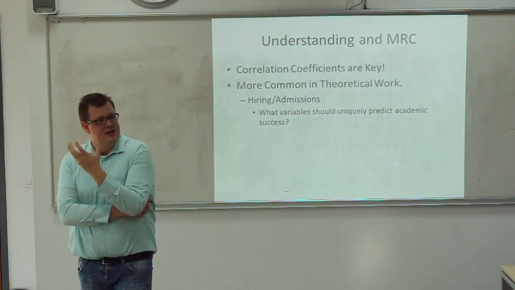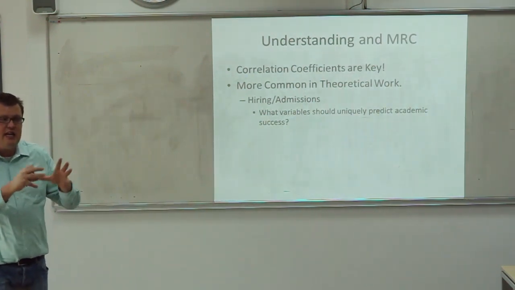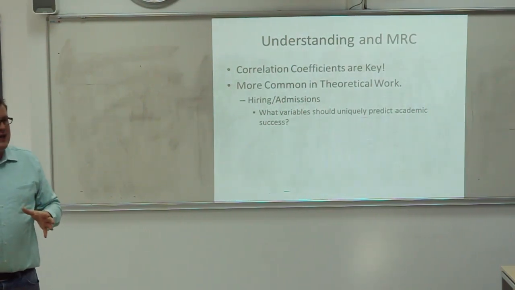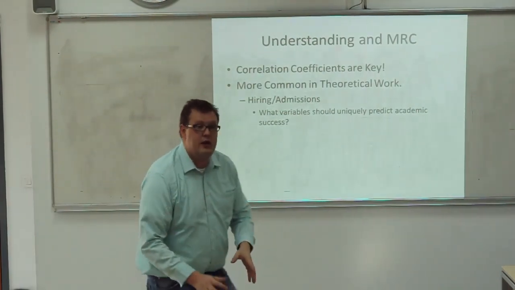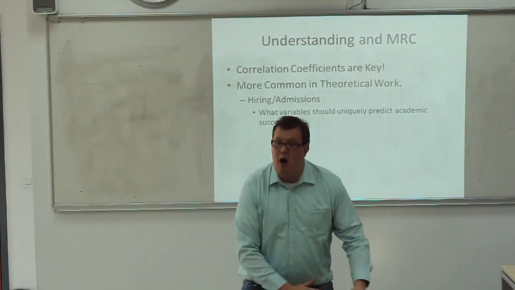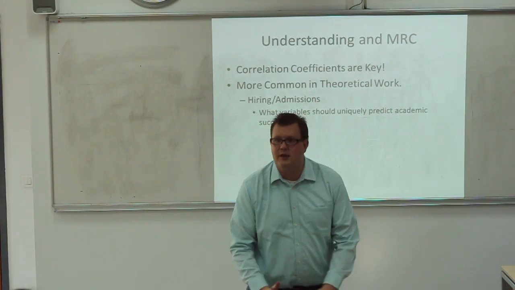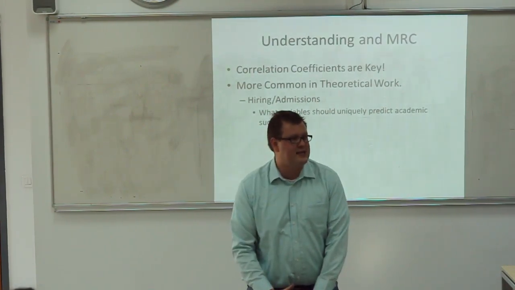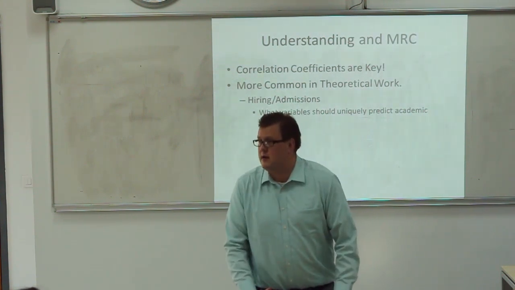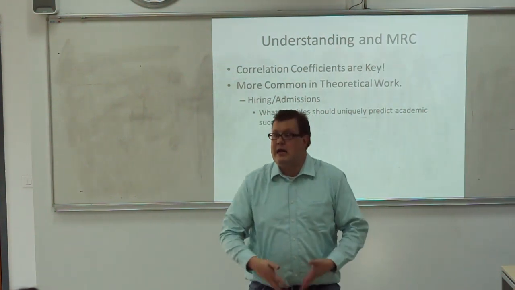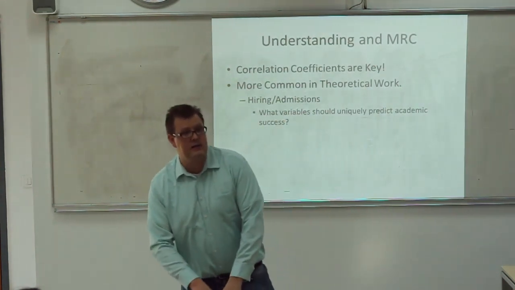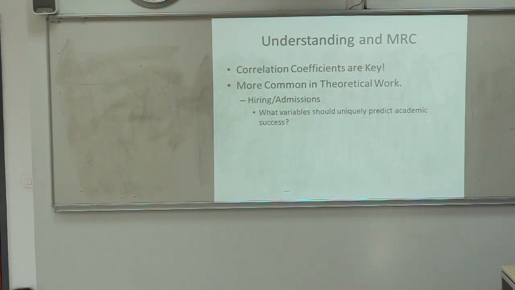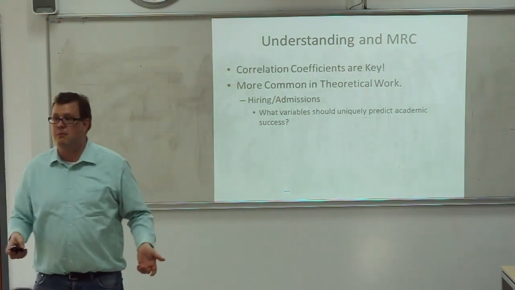By coming up with some measure of motivation and seeing if that predicts collegiate success once you've already included the things that are already being used to predict success, like the two test scores. So test scores are supposed to predict success. Let's control for that. Once we've controlled for that, is there anything left explained by my motivation scale? Is this type of motivation different than that type of motivation?